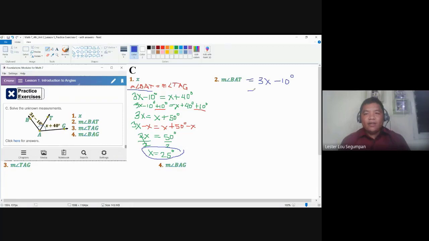Simply substitute the value of x being 25 degrees. That's 3 times 25 is 75 degrees minus 10 degrees is equal to 65 degrees. This is the measurement of angle BAT.